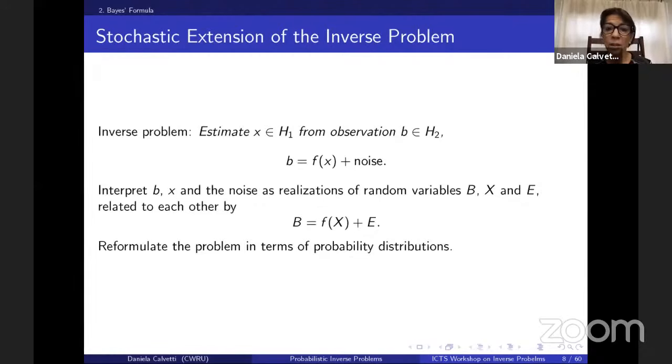I'm going to call b the vector of the observations, and the link between the object that I want to estimate and the observation that I have access to is given by, let's say, a functional form of the type b = f(x) + noise.